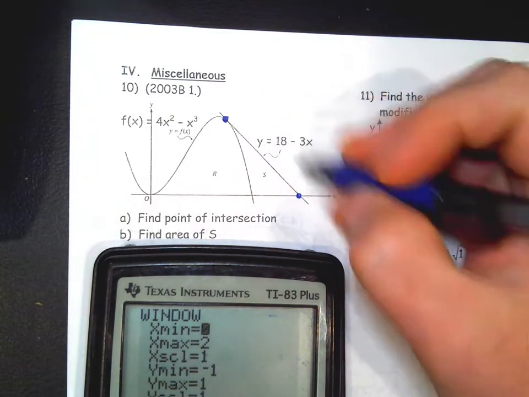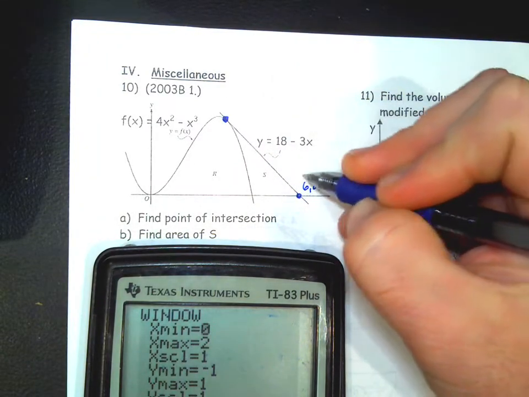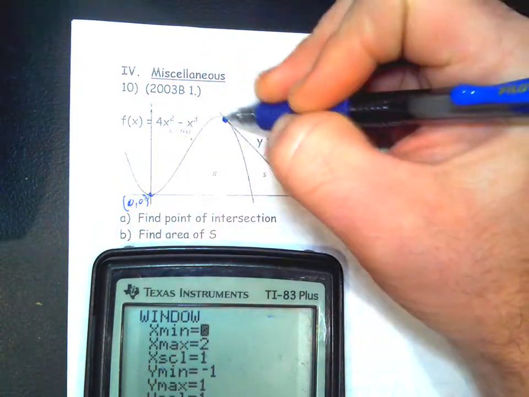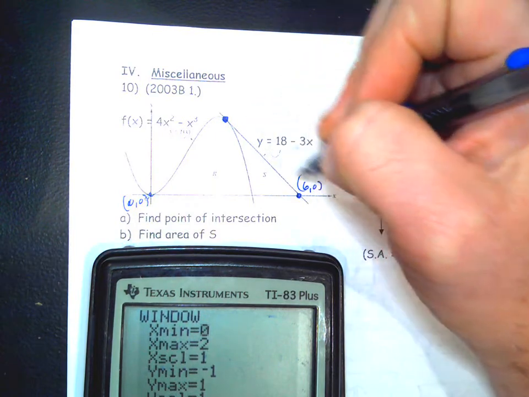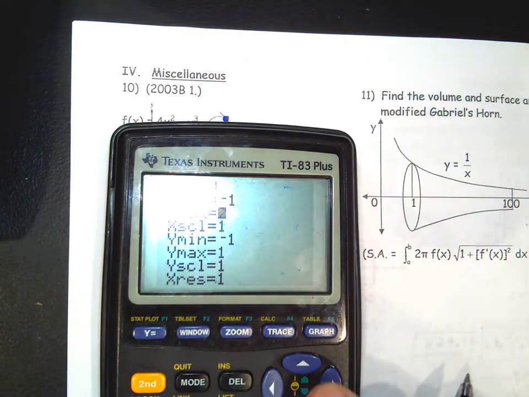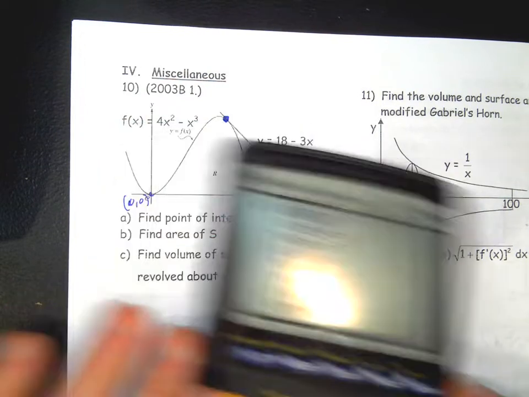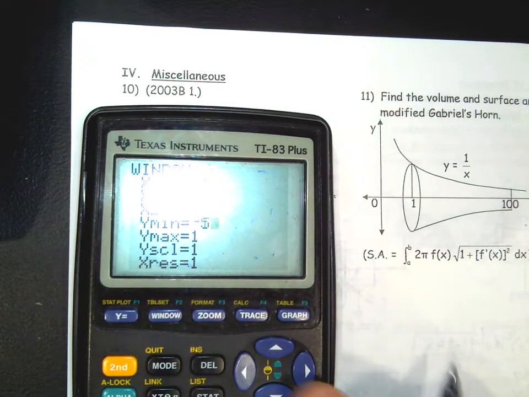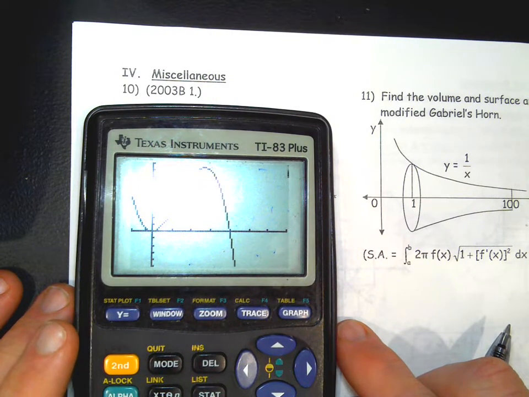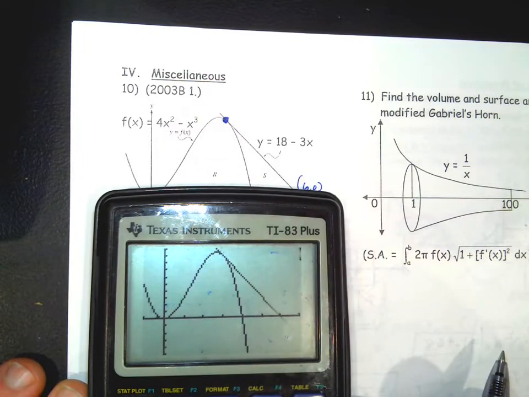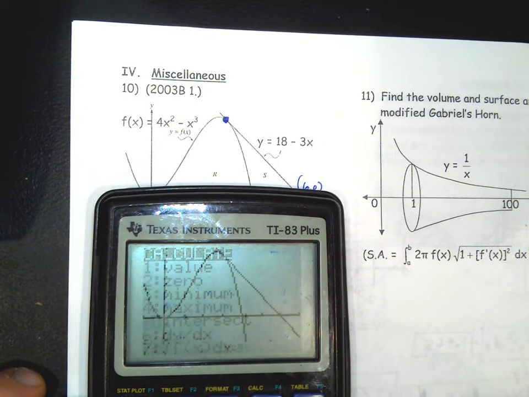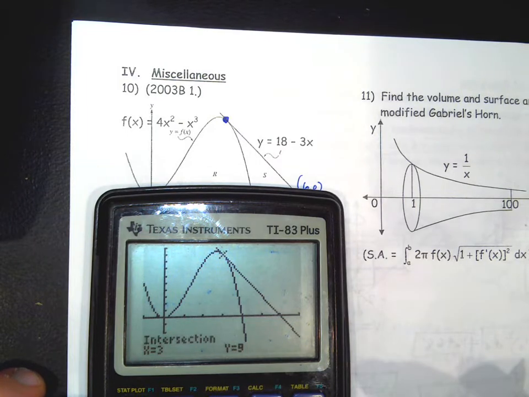If you set this to 0, you get 6, 0, so it gives you kind of a basic idea of where that should be. So say -1 to 7, and then, I don't know, -5 to 10. Okay, there you go. So it's right there, second calc, intersect, first curve, second curve, guess.